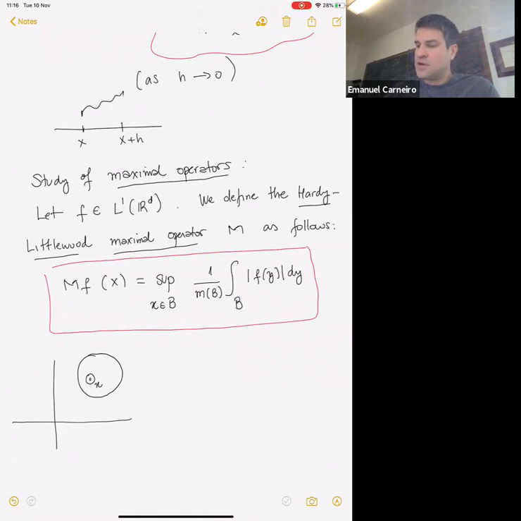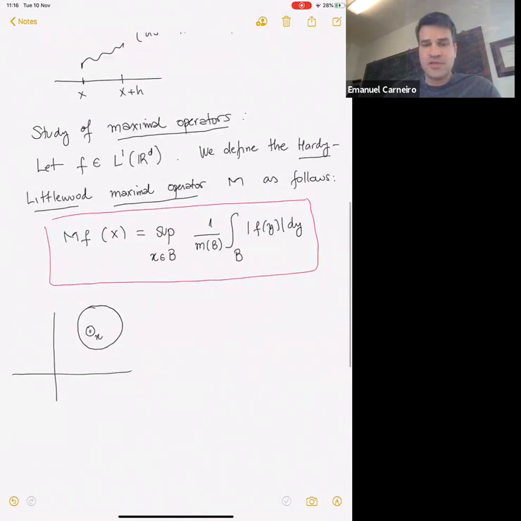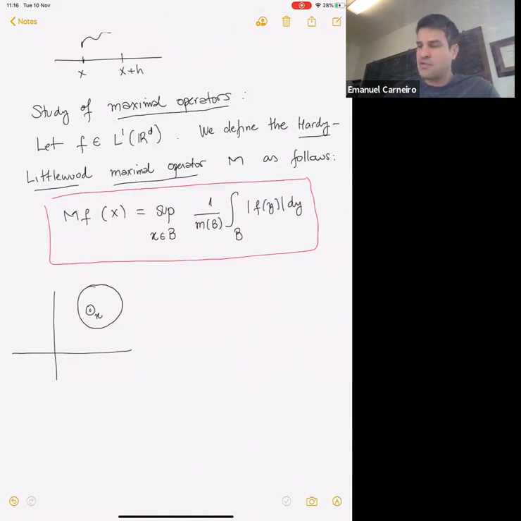This is called the Hardy-Littlewood maximal operator. Here m is the Lebesgue measure, so this is the Lebesgue measure of the ball. The balls that you take could be open or closed, it doesn't matter. They just have to contain your point x.